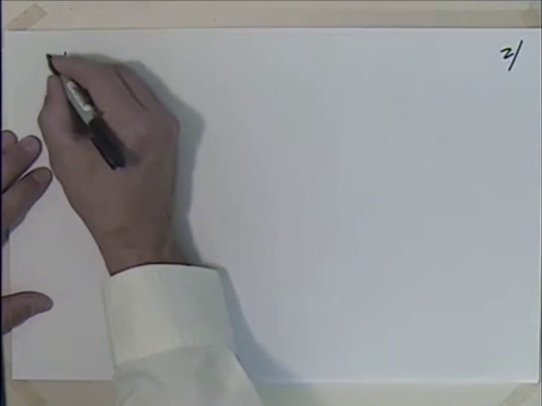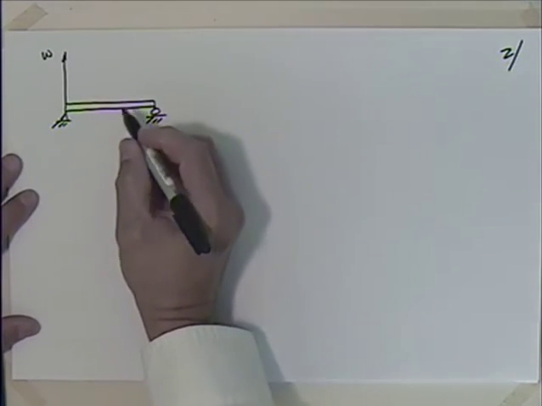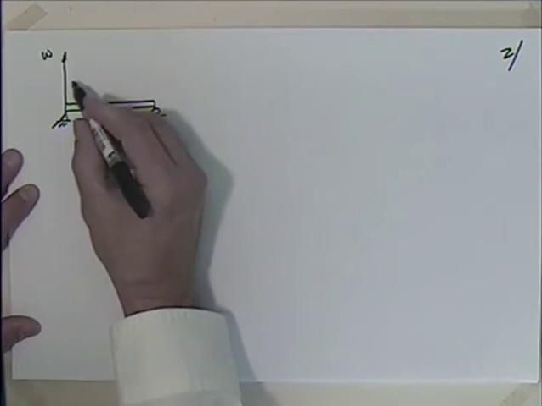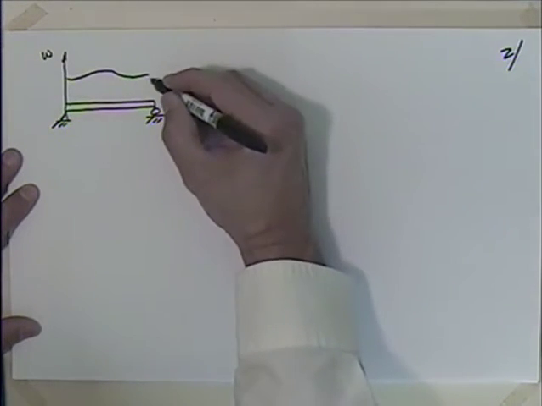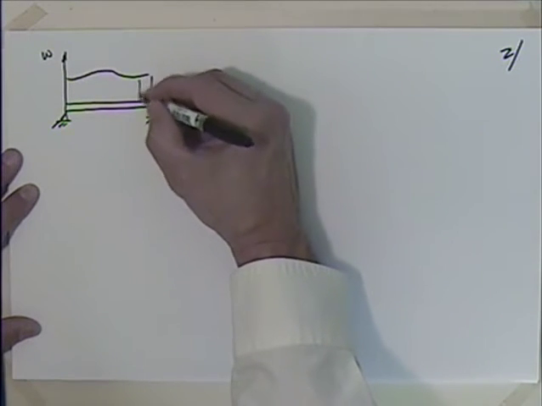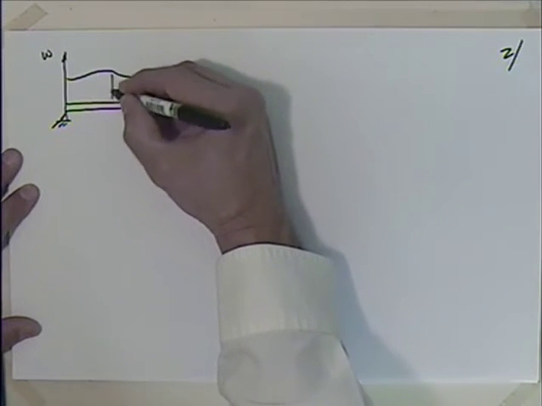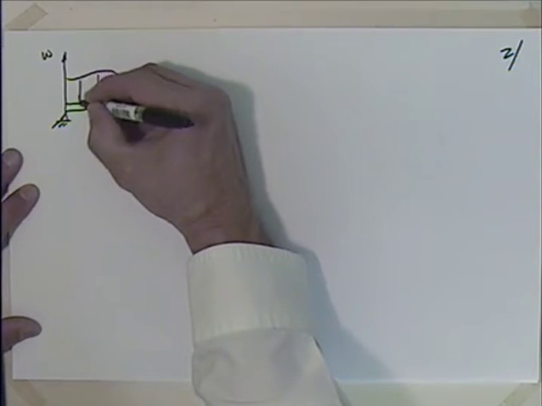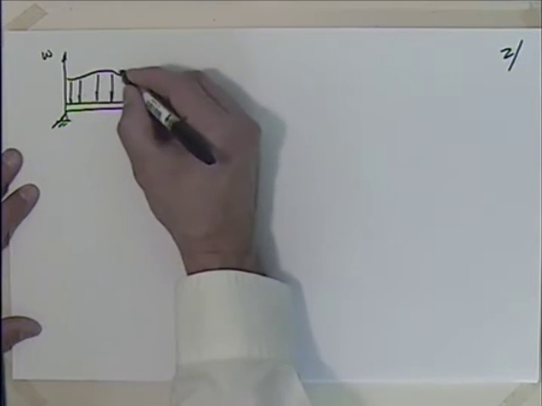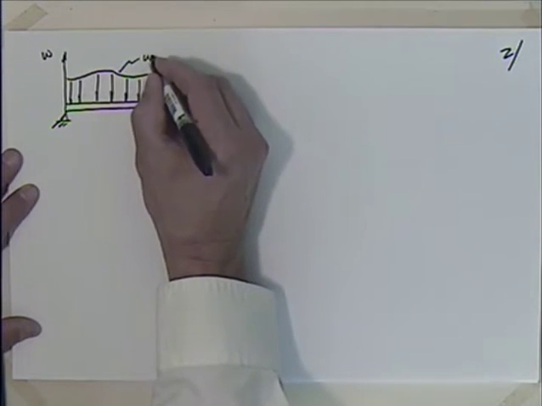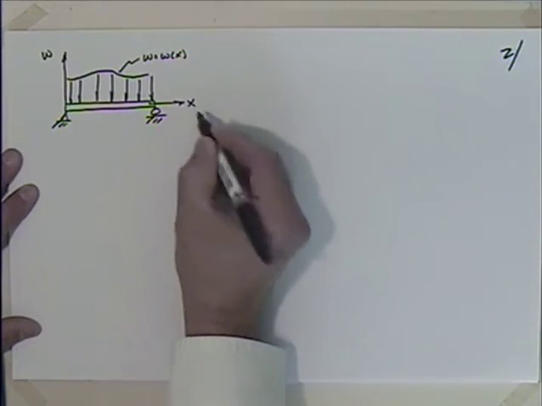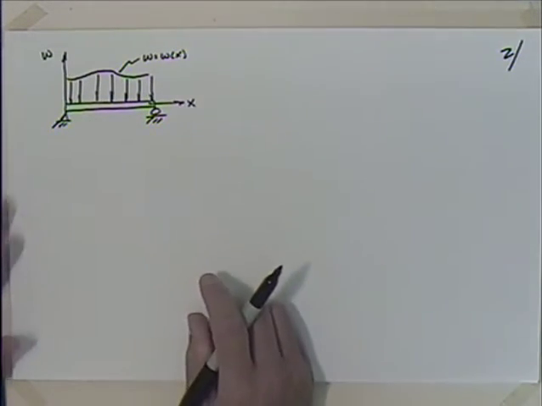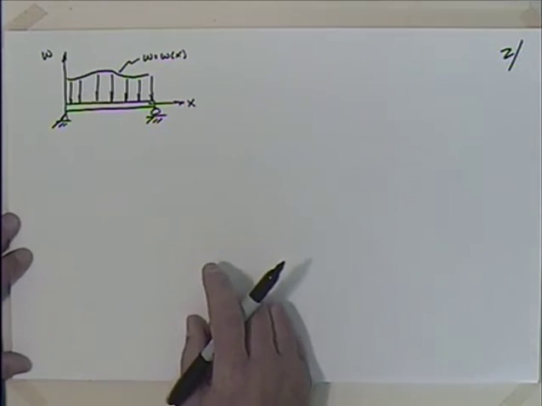I'm going to say in this direction we have our load w, and maybe it has something like this. So we've got this distributed load. Maybe it's a triangular shape, constant shape, trapezoidal shape. I'm not sure what shape that's taken on, but we're going to say that w is equal to w of x, where this is the x direction. Okay, so it's some function of x.